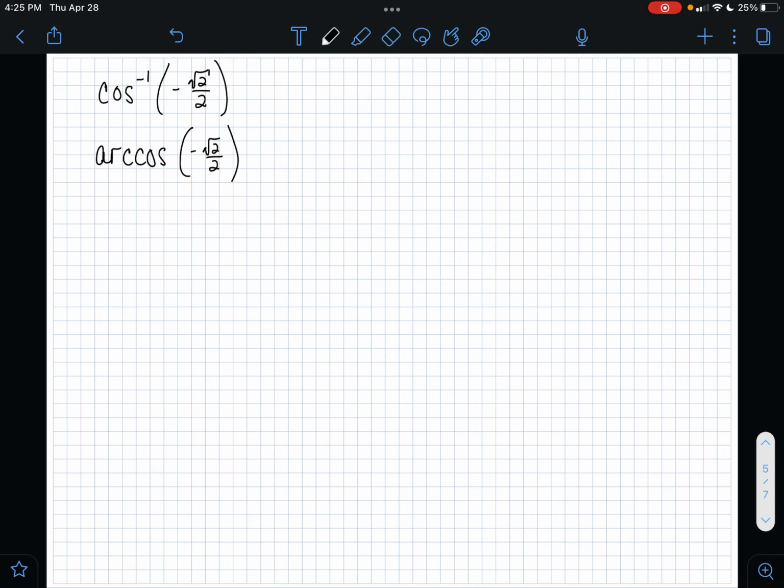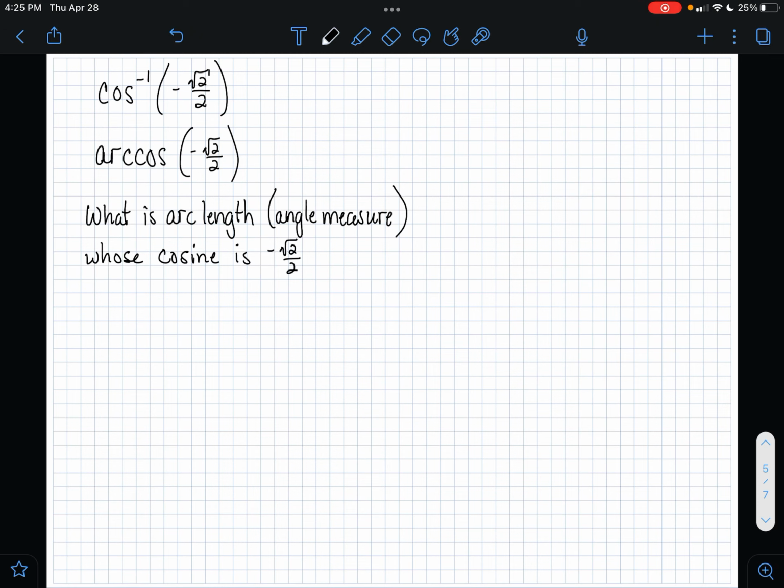Remember then, the arc notation is meant to say, what is the arc length, also known as the angle measure, whose cosine value is negative root 2 over 2.